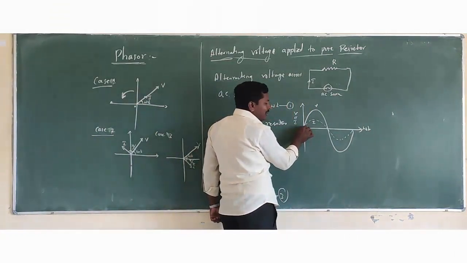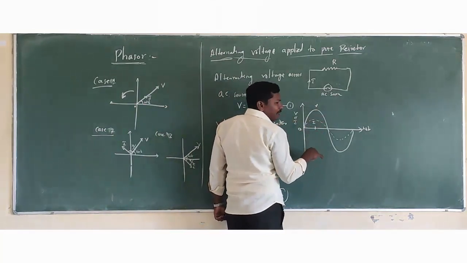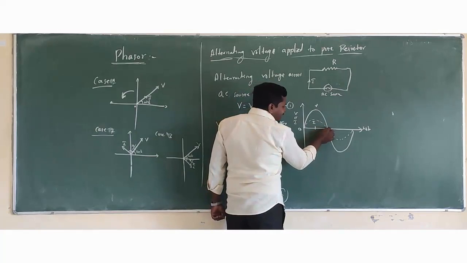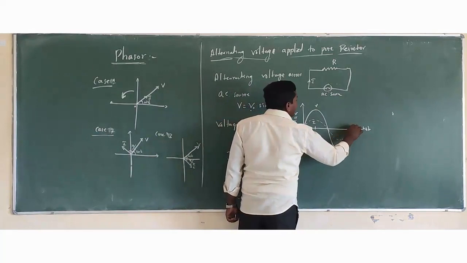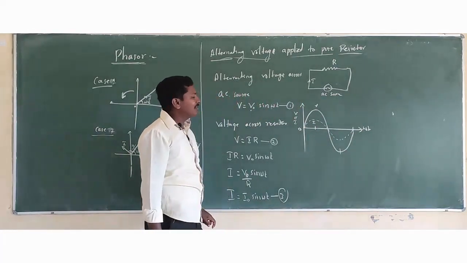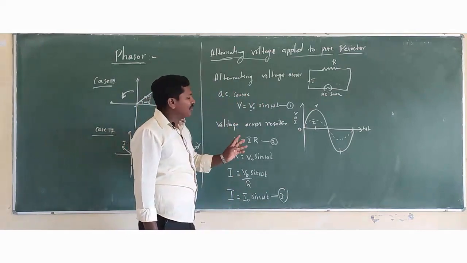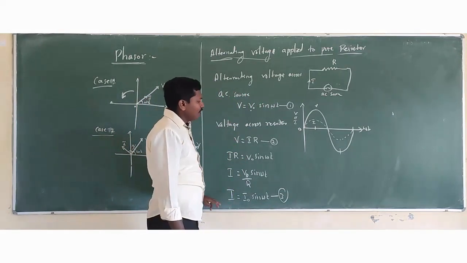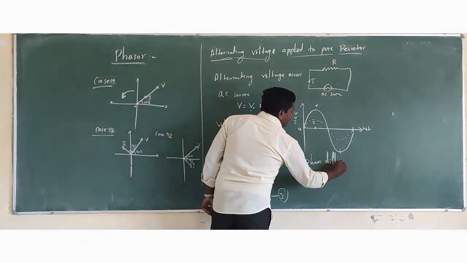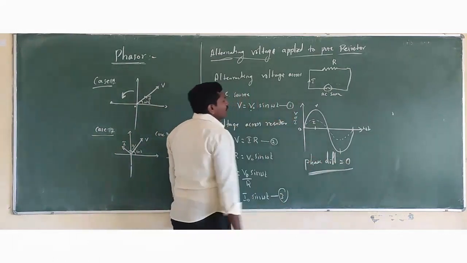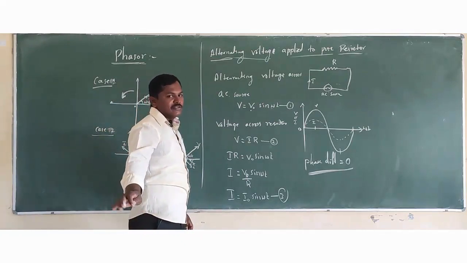Now these voltage and current waves start from the origin and reach a maximum at the same time, reach a minimum at the same time, and again on the negative side reach a maximum at the same time and a minimum at the same time. Therefore these two are in phase, in the sense the phase difference between voltage and current is equal to 0. Phase difference is equal to 0.